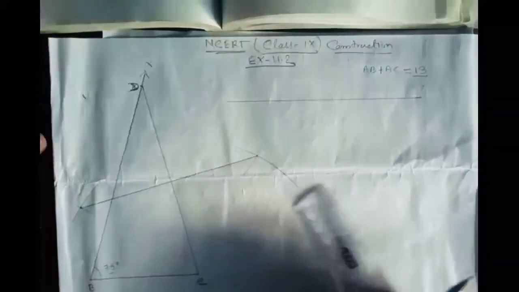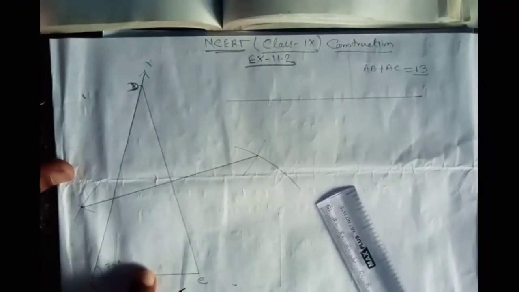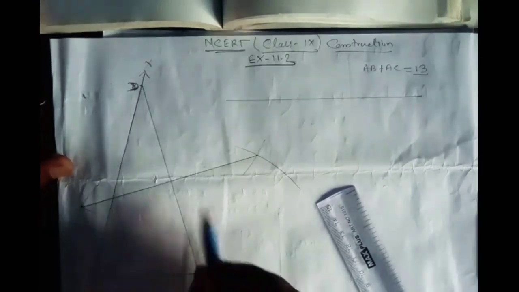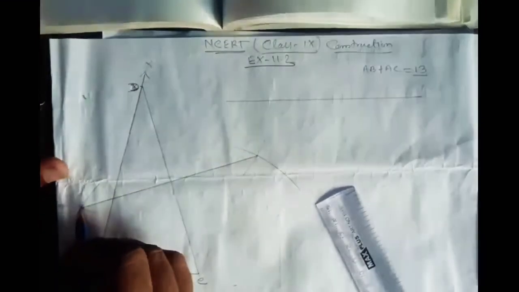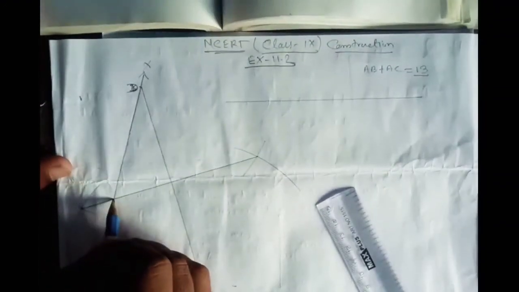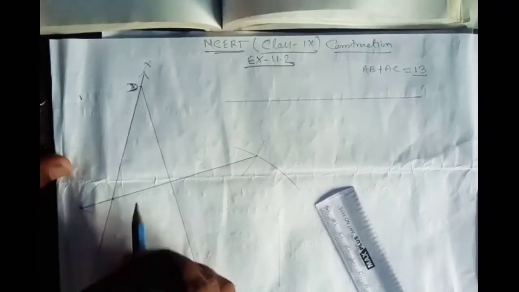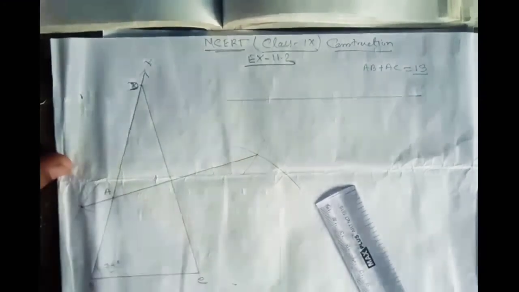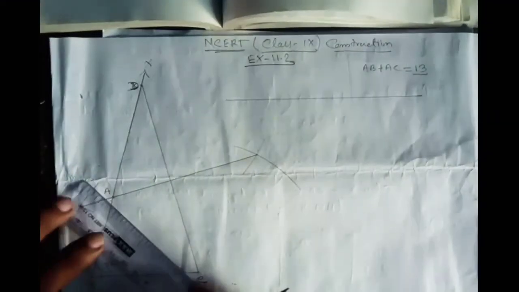Next, the bisector cuts the line DB over here, so we should mark it as A. Next we should join A and C.